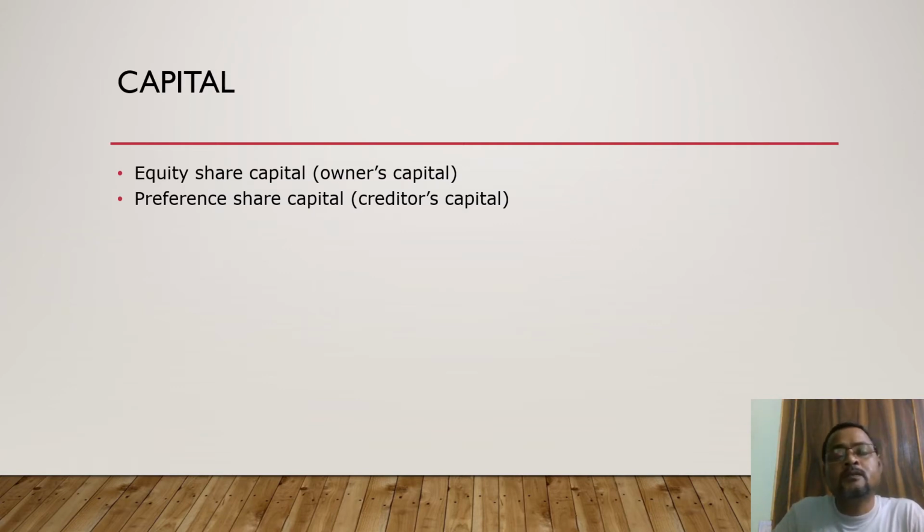So for example, if Mr. X is starting a grocery business, he wants to buy and sell groceries, he needs to put some money into his own business. With that capital, he can buy the necessary items that will be stored in the business place and later sold to the customers. That is known as capital.